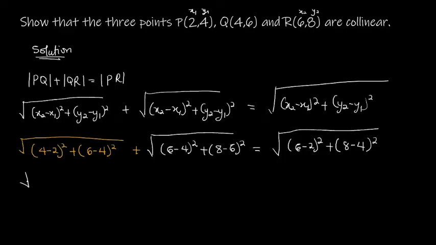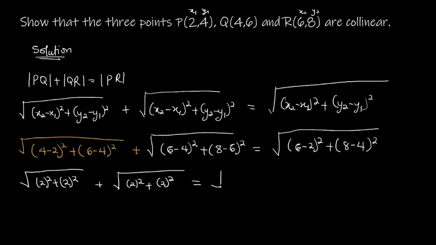So this becomes the root of 4 minus 2, that will give me 2, so it becomes 2 squared, plus 6 minus 4 will give me 2 squared, plus the root of 6 minus 4 will give me 2 squared, plus 8 minus 6 also gives me 2 squared.